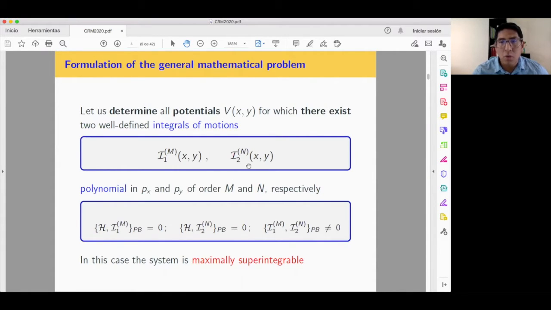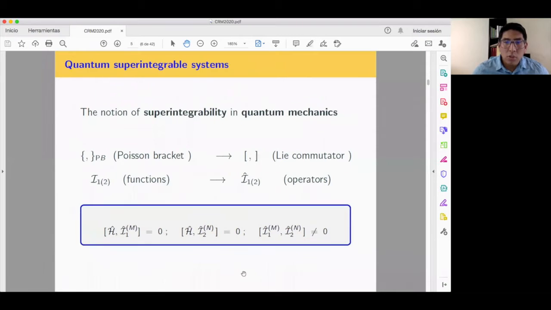Both functions Poisson commute with the Hamiltonian, but they do not Poisson commute among themselves. If we can write such 2 extra integrals of motion, we call the system maximally superintegrable.